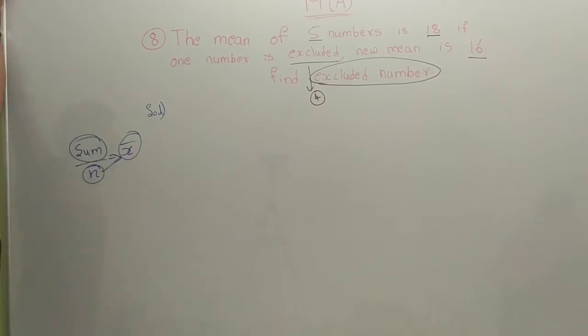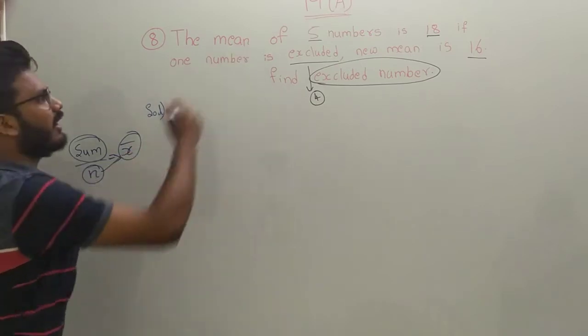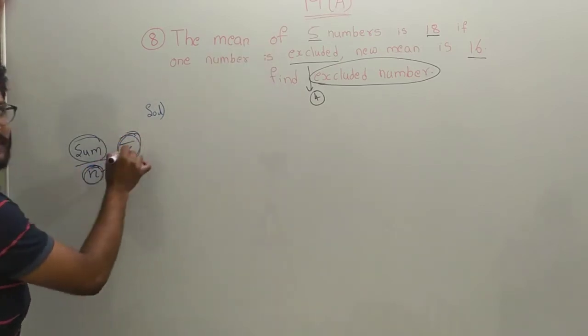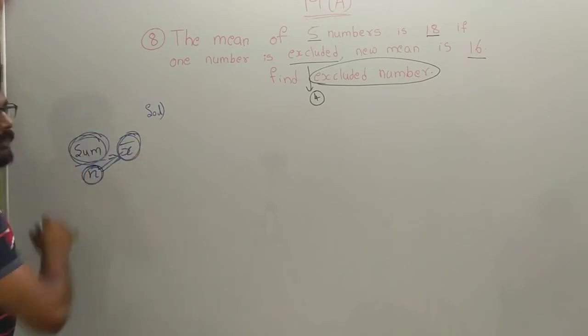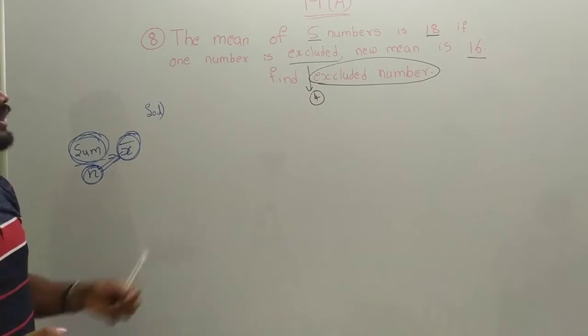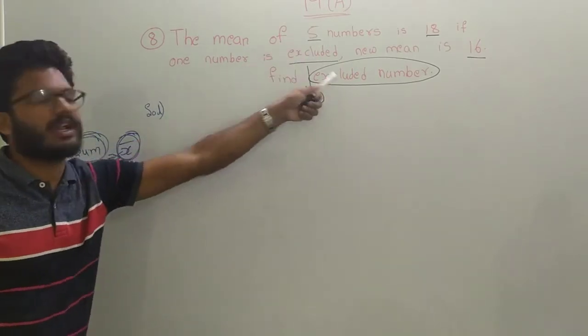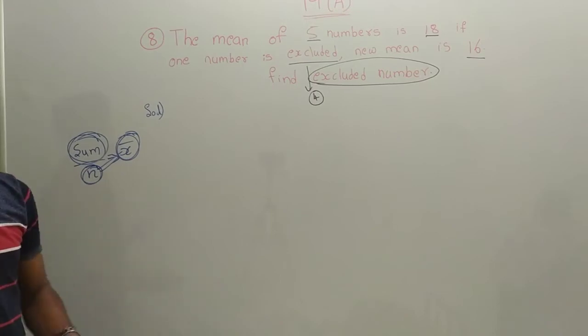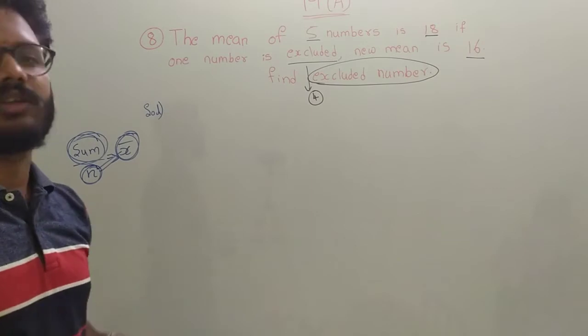In the same way, in the second case, we know the number of observations and the new mean, so again we can find the sum. What is the difference between these two sums? In one, we have the excluded observation, and in the second, we don't have that observation. So the difference between those two sums will give you the excluded number.